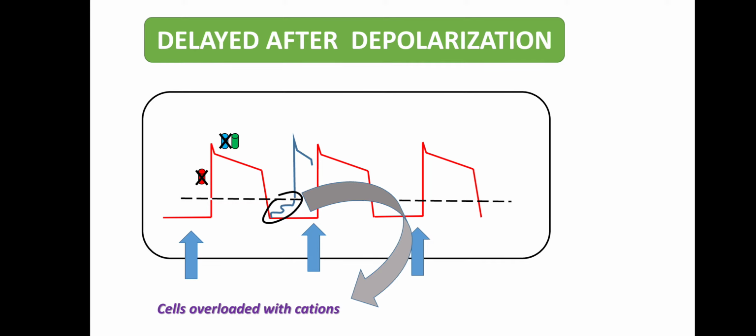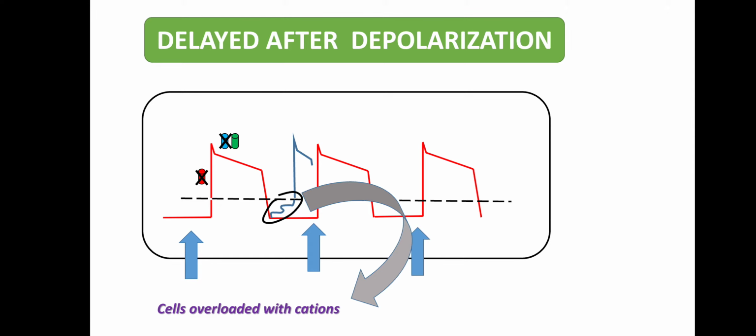So whenever myocardial cells are overloaded with cations, it makes the resting membrane potential fluctuate, and it may touch the threshold potential, and once threshold potential has been attained, it causes a secondary depolarization, or you can say a delayed afterdepolarization. At this point, you can also mention another difference between early and delayed afterdepolarization, that is the reason behind them.